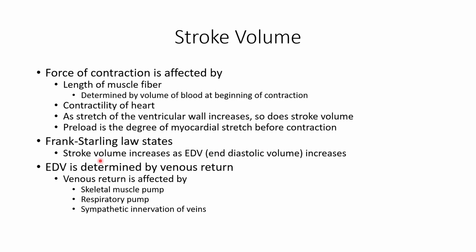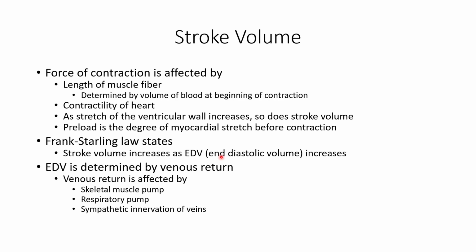Stroke volume increases, and we get more blood exiting the heart, when end diastolic volume increases. Basically, when more blood returns into the heart, we see an increase in stroke volume. What determines EDV, or end diastolic volume?